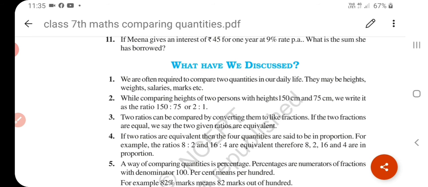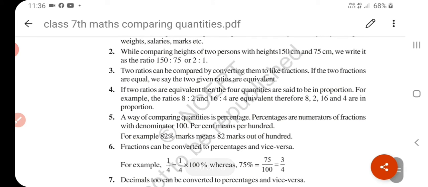Understand? Now two ratios can be compared by converting them to like fractions. If the two fractions are equal, we say that the two given ratios are equivalent. Okay, if two ratios are equivalent, then the four quantities are said to be in proportion. For example, the ratios 8:2 and 16:4 are equivalent, therefore 8, 2, 16 and 4 are in proportion.